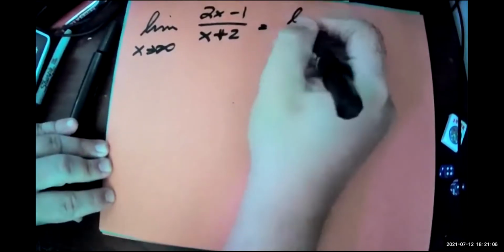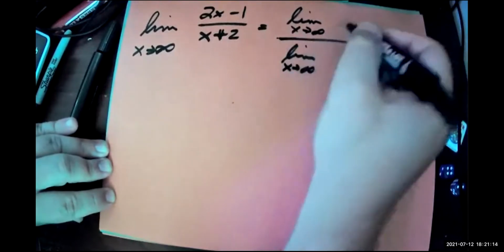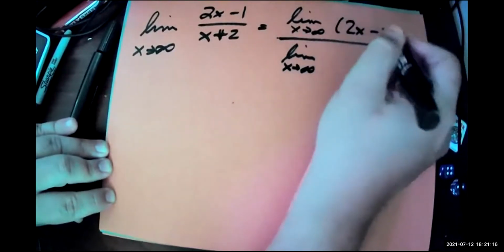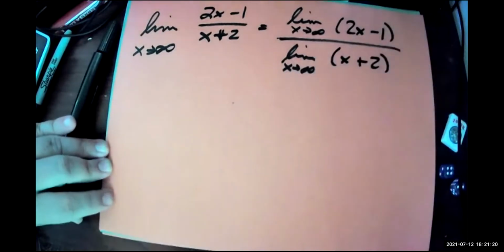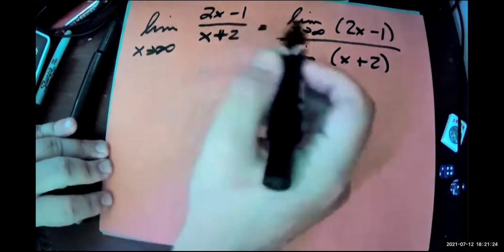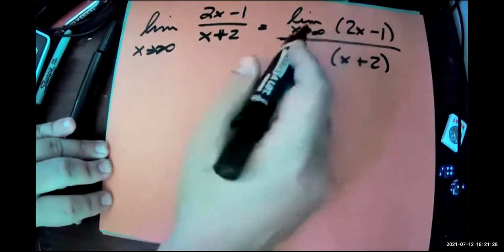Okay, so first you might recall that if we have the limit of a quotient, we can figure out the limit of the numerator and the limit of the denominator. When you're writing these, don't forget to put that x approaches infinity in there again over and over again. It's very important. Then, if you recall, there was another formula that said if I'm taking the limit of a difference or of a sum, I can take the limit of each of the two things in there.